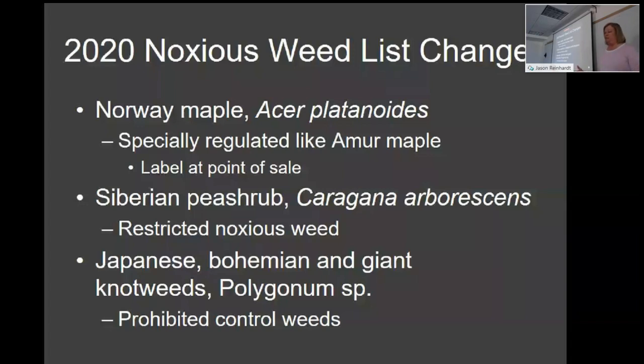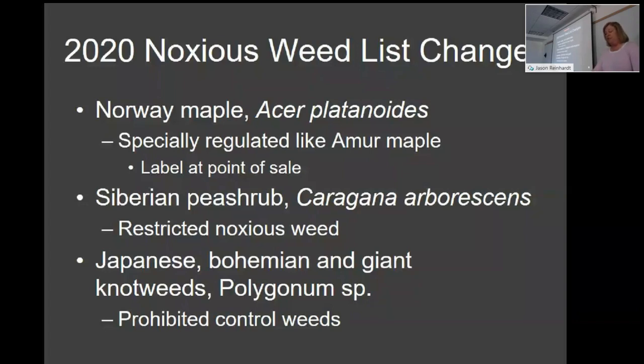The aim is to get the person doing the planting, making the decision on where to put this plant, to place it in an area where it's less likely to escape. Siberian Pea Shrub will be a restricted noxious weed, so it won't be available for sale. We know it's trouble, so let's just not plant more of it.